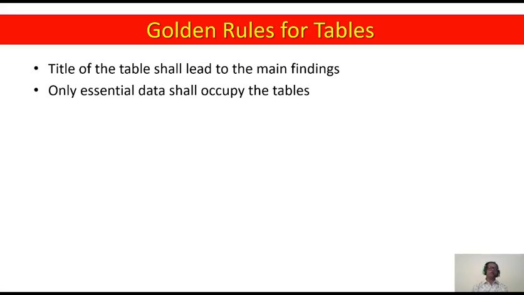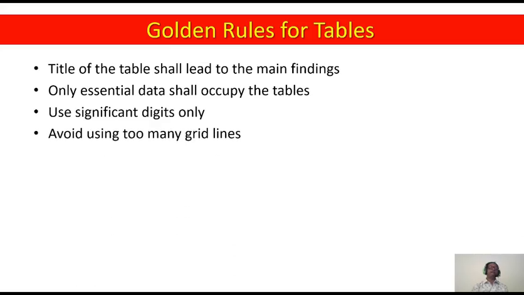Only provide those values which are essential and where you want the onlooker's attention to be drawn. Those things should be there in the table. Use significant digits only. For example, if it is money, then you give two digits after the decimal. So only significant digits should be there.